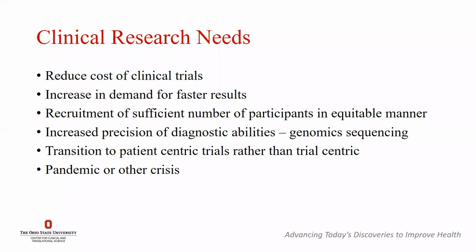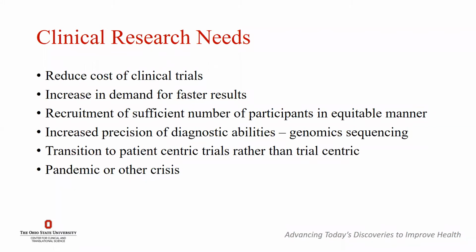It's not enough just to recruit the number of participants, but you want a good representation of society in what you are reporting. This is how some of the health disparities have been, if not overlooked, just kind of pushed to the side. I have my 20 patients, but is it a fair representation of the population at large? Increased precision of diagnostic abilities.